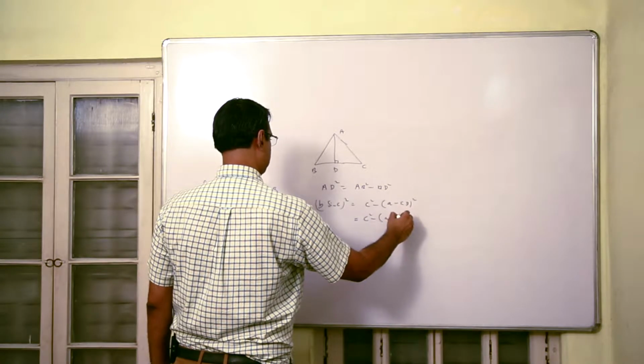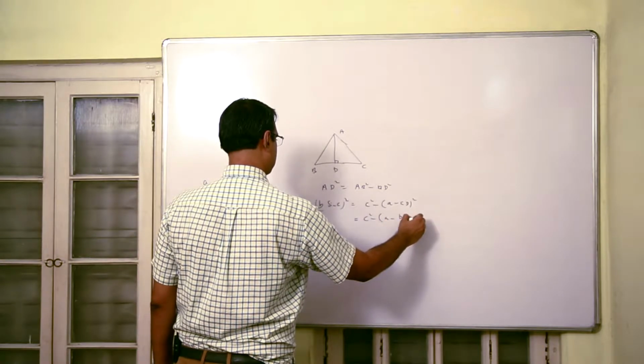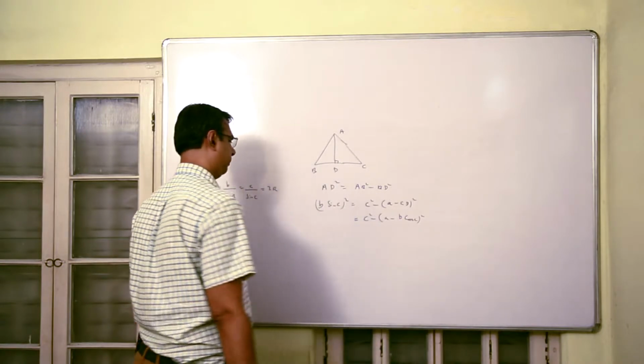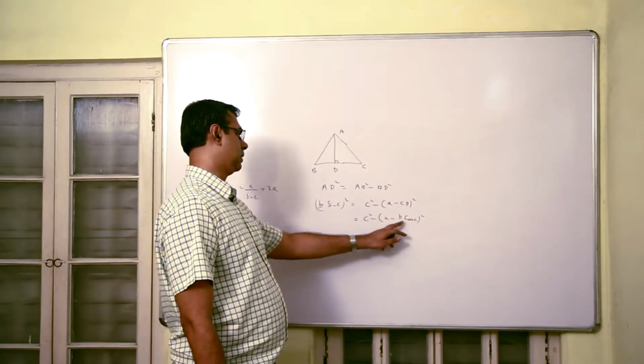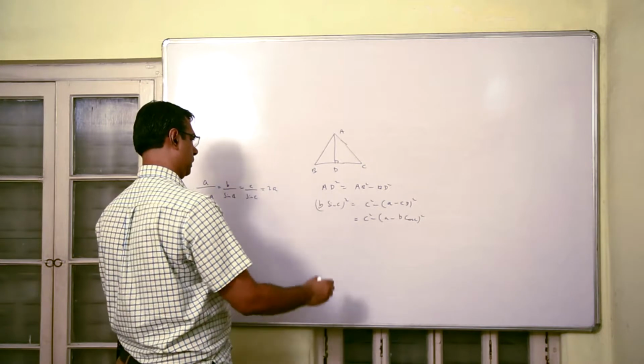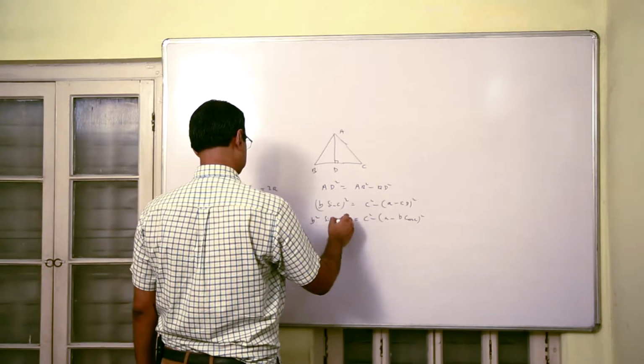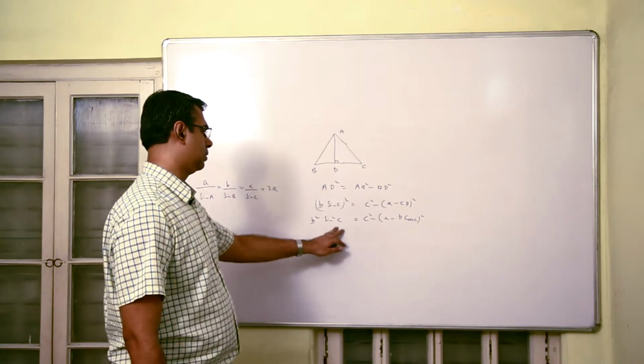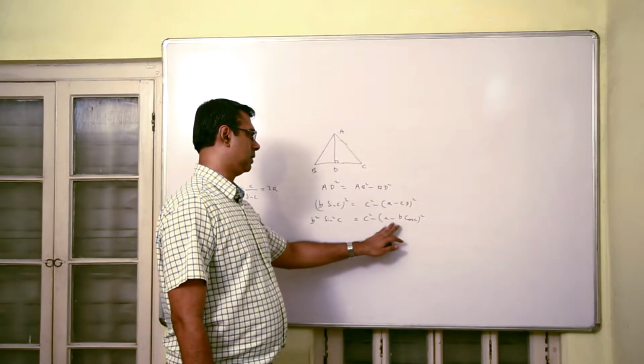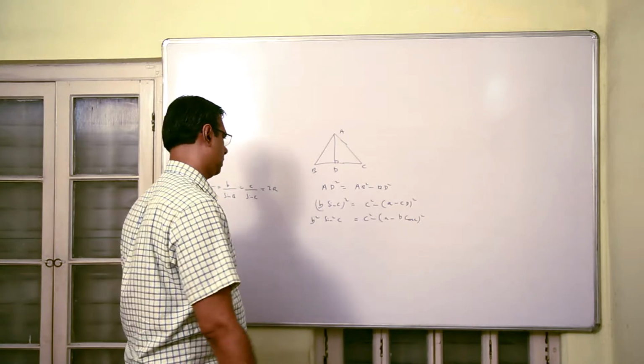So CD will be b cos C. So c square minus (a minus b cos C) whole square. So b square sine square C is c square minus (a minus b cos C) whole square.